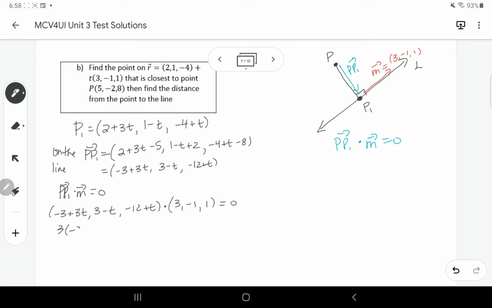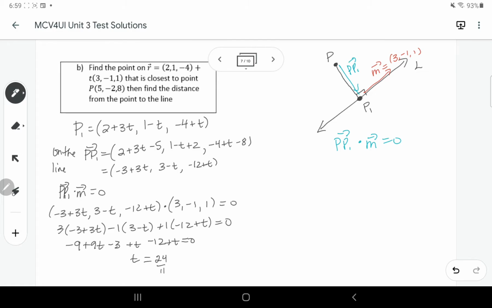So I get 3 times negative 3 plus 3t, minus 1 times 3 minus t, plus 1 times negative 12 plus t. I'm going to run a little short on space here, but we'll squeeze it in. Negative 9 plus 9t minus 3 plus t minus 12 plus t equals 0. And I hope you can just believe me from there that t equals 24 over 11.